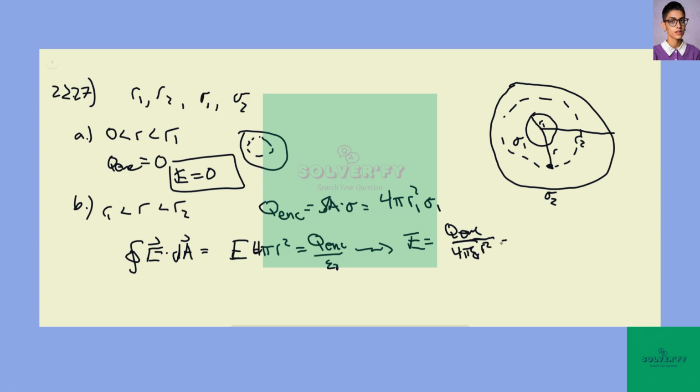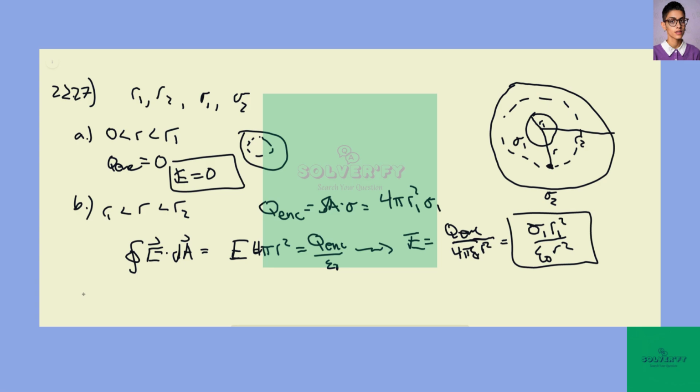Now we plug in our Q enclosed, which is 4 pi R1 squared sigma 1. The 4 pi's cancel out, and we're left with sigma 1 R1 squared over epsilon naught r squared. So that's what the electric field is in between the two shells.